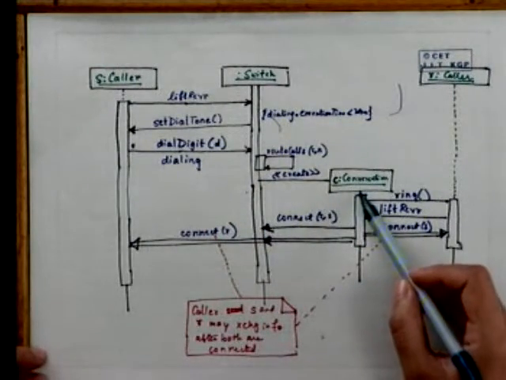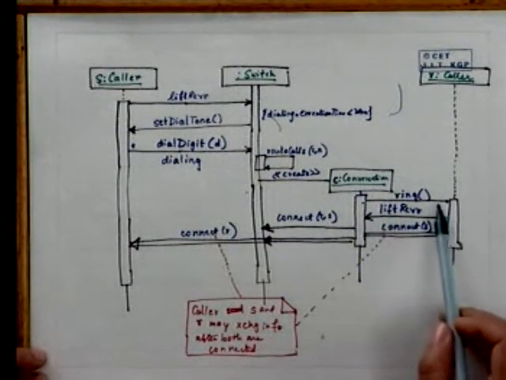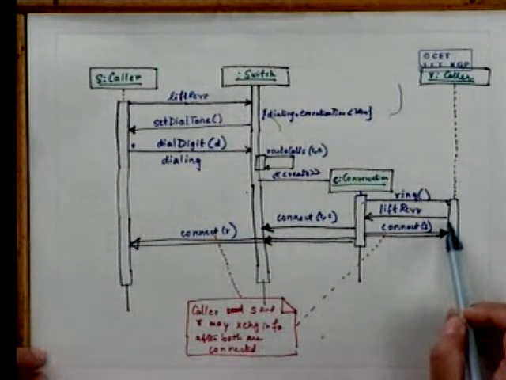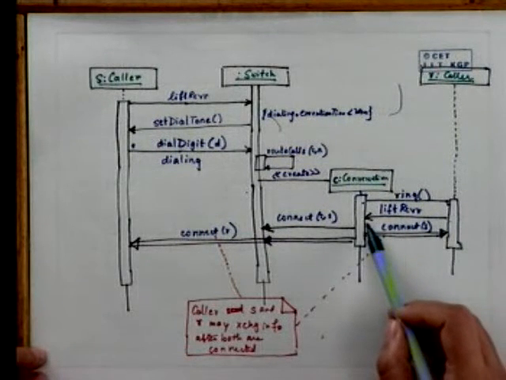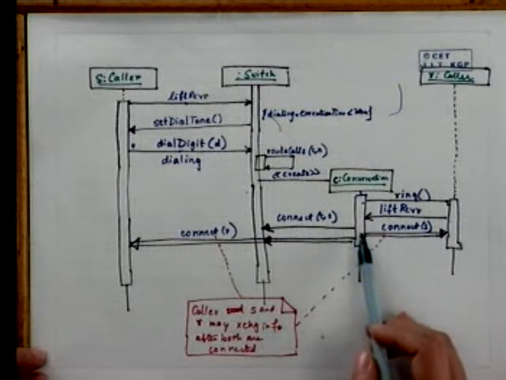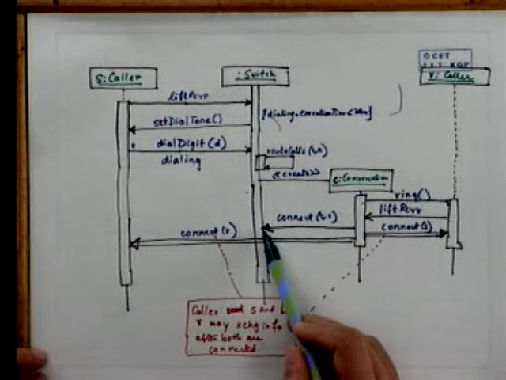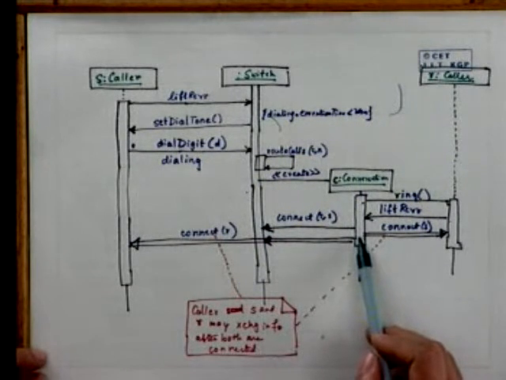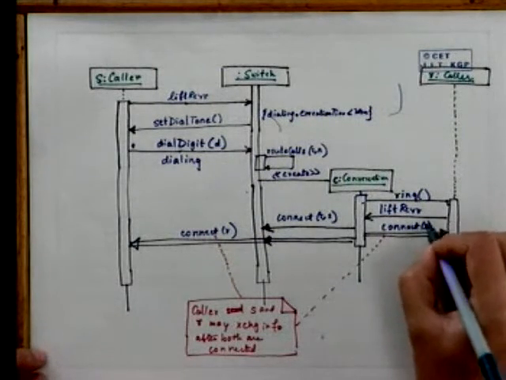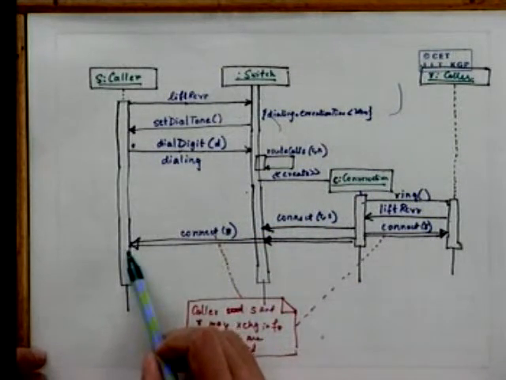And then the conversation object comes into existence, and the conversation object sends the ring message to the caller R. The caller R does lift receiver, and the message is sent to the conversation object. Conversation object sends connect RS to the switch, and the conversation object now sends connect S to the caller, connect R to the caller R, and the message connect S to the caller S.